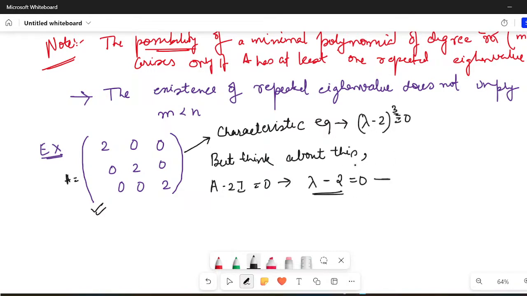So what is this? This is what is referred to as the minimal polynomial. Are you getting my point?